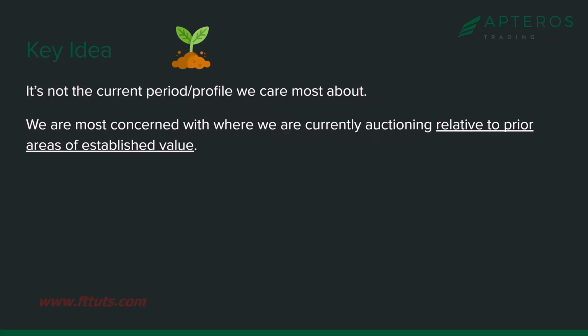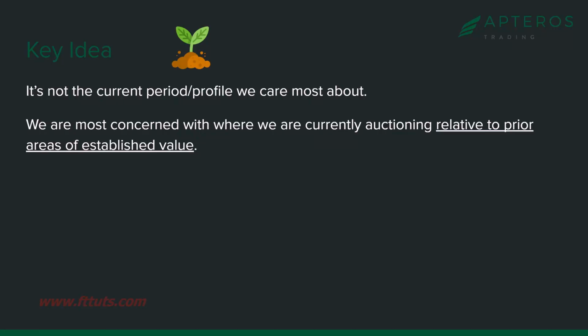Key idea here: it's not actually the current period profile that we care most about. And this is practical trading knowledge, as well as understanding your housing market or whatever theoretical example we could use. We're mostly concerned with where we're currently auctioning, that is, where the prices currently are. That bid and that ask, that's an auction process.